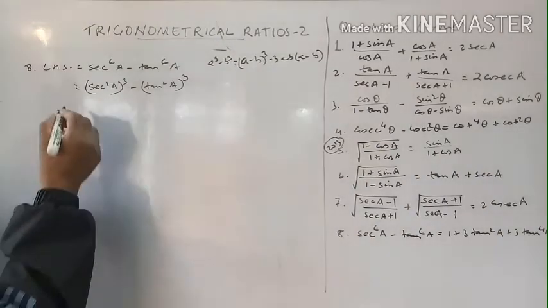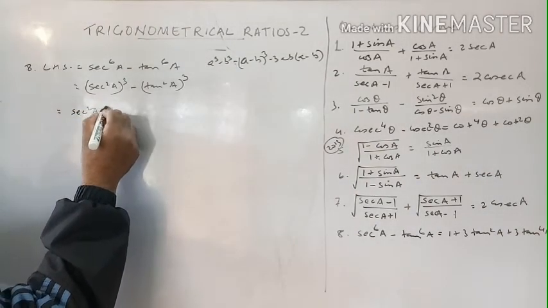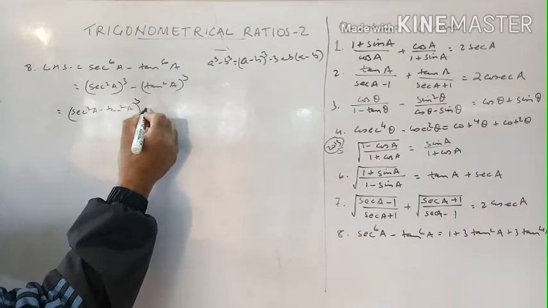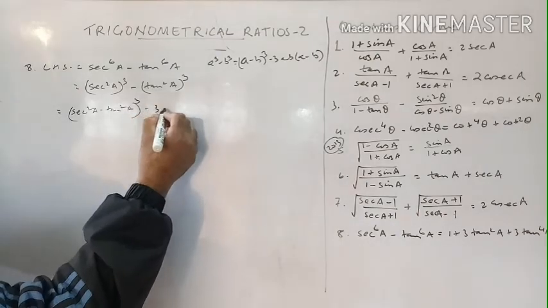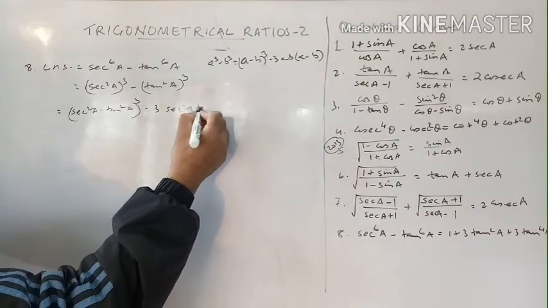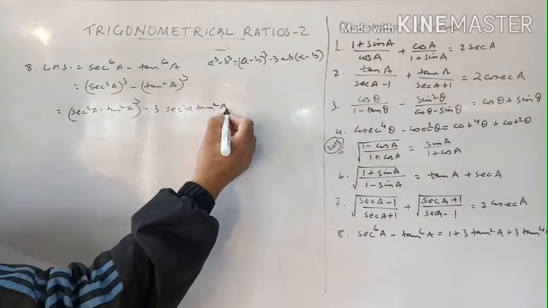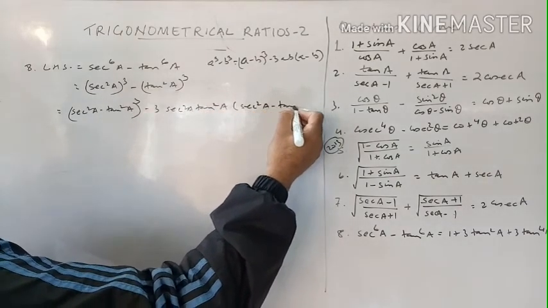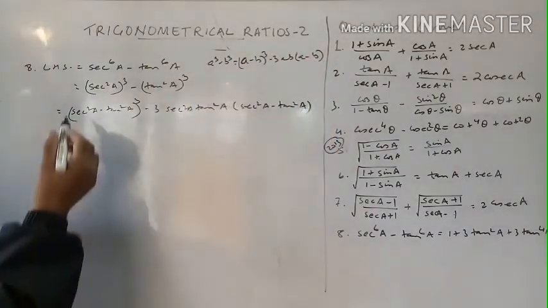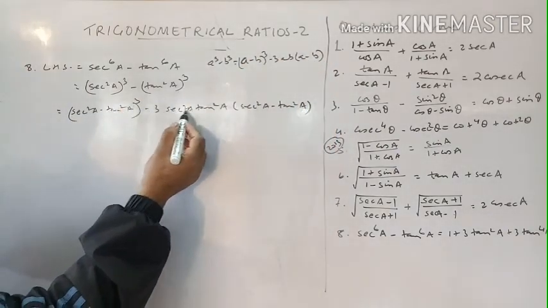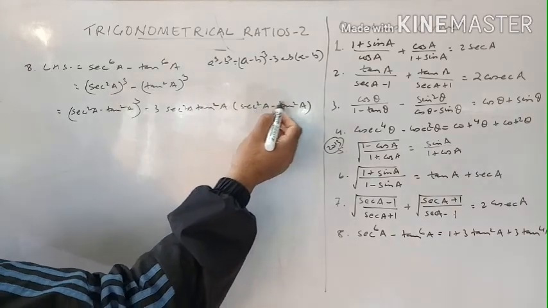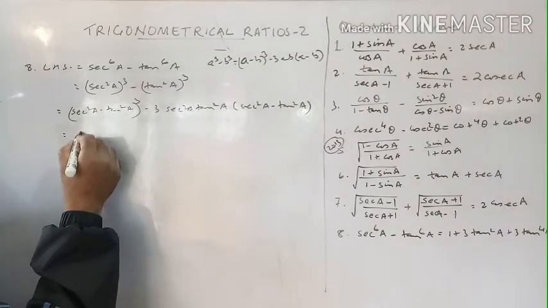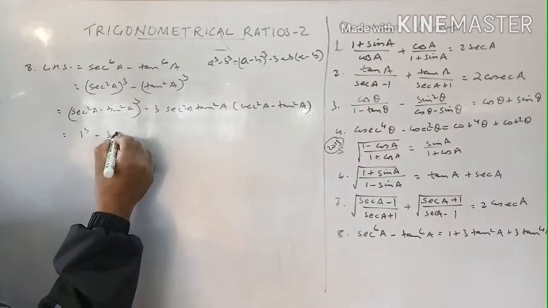Okay, so here (sec square A minus tan square A) whole cube minus 3 sec square A tan square A into (sec square A minus tan square A). This is using this formula, (A minus B) whole cube minus 3AB into (A minus B). But sec square minus tan square is 1. So 1 cube minus 3.